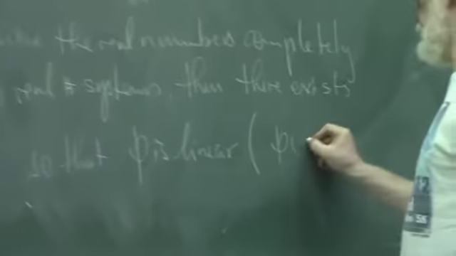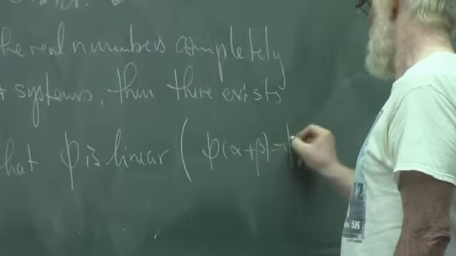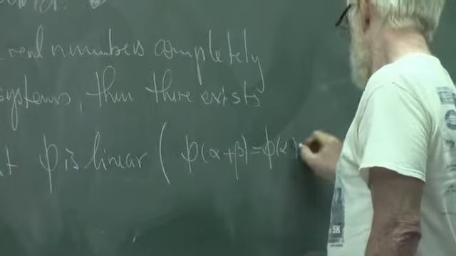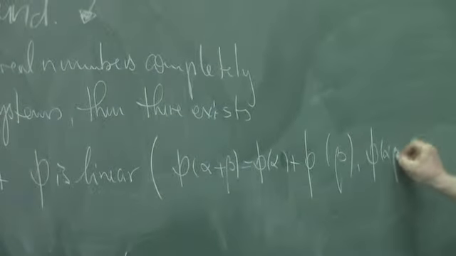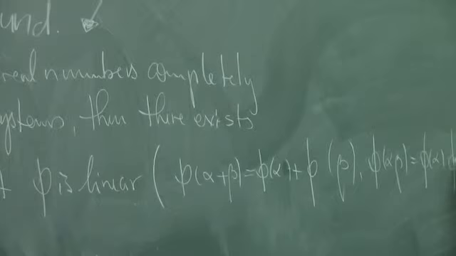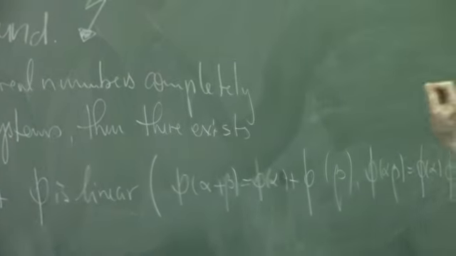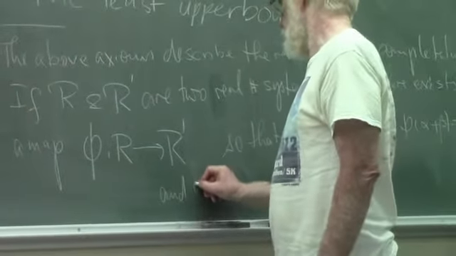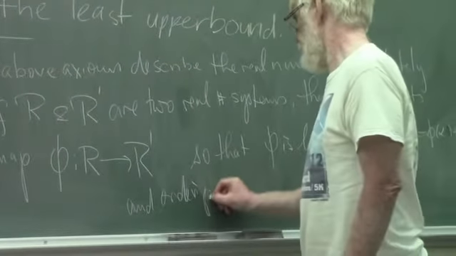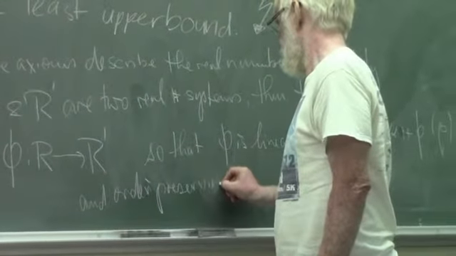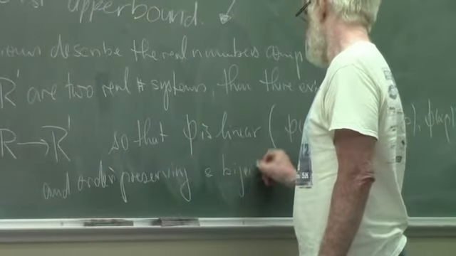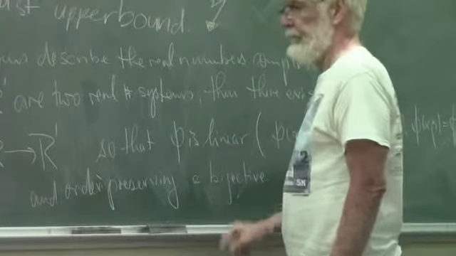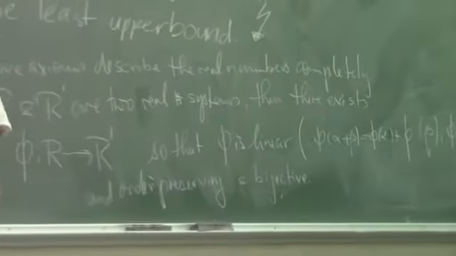Phi of alpha plus beta is phi of alpha plus phi of beta, and phi of alpha beta is phi alpha phi beta, and it preserves the order as well.